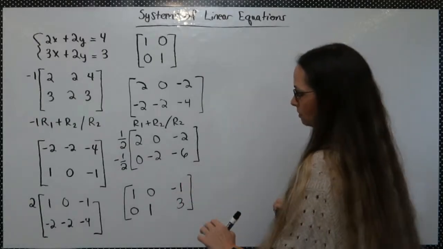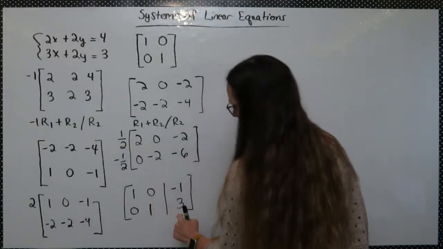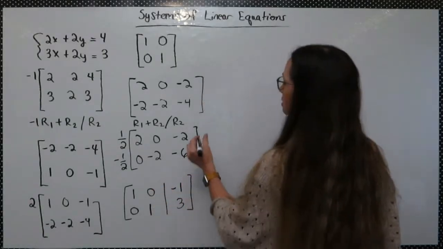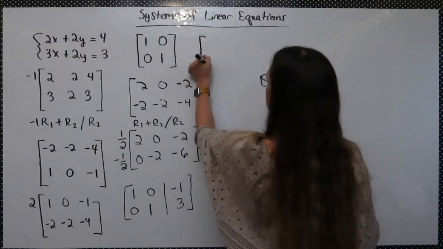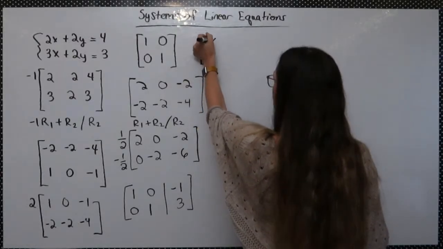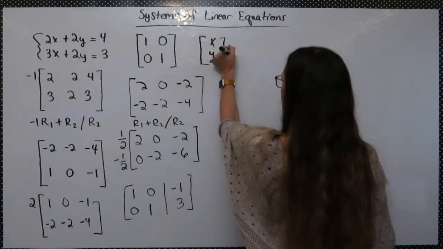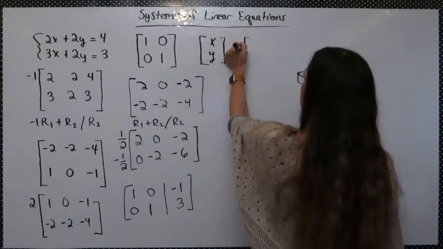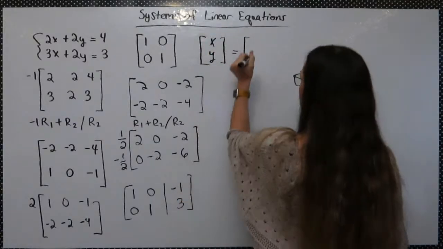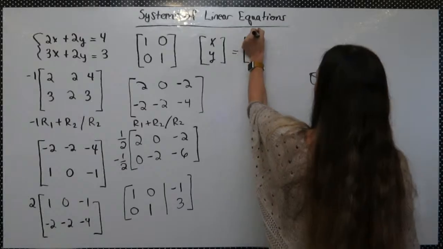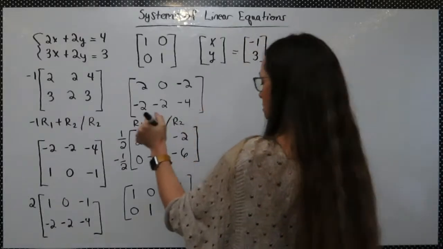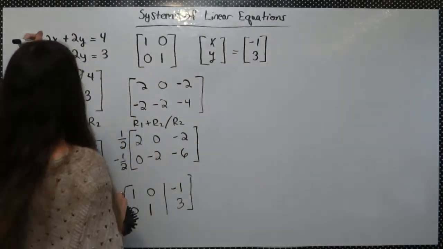And so essentially you have x comma y. So we have x comma y equals, it looks like, -1, 3. And there's your solution. So what we'll do is we'll go ahead and put the solution up here.